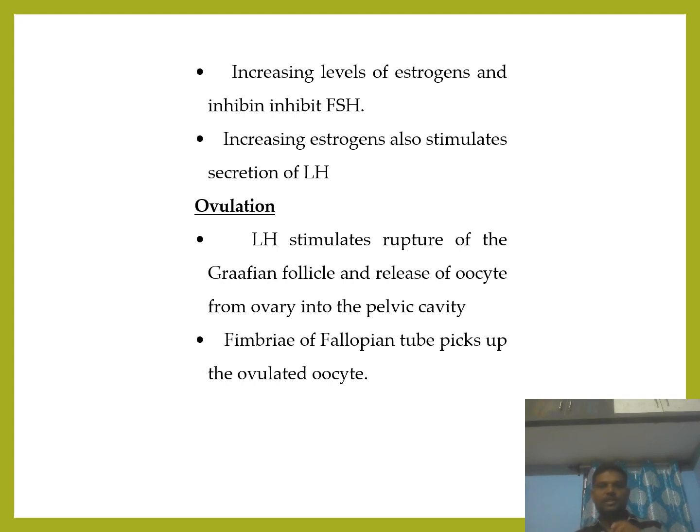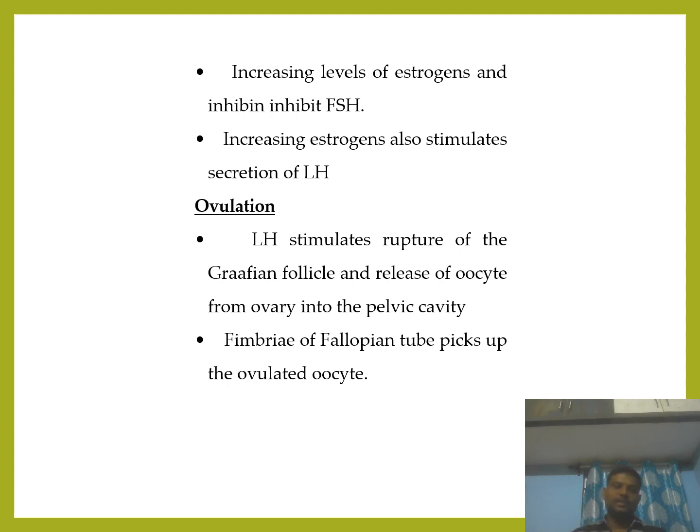These hormones play an important role, and increasing levels of estrogen and inhibin inhibit the follicle stimulating hormone. This concept was already discussed in the regulation of the female reproductive hormones. Increased estrogen also stimulates the secretion of the luteinizing hormone.